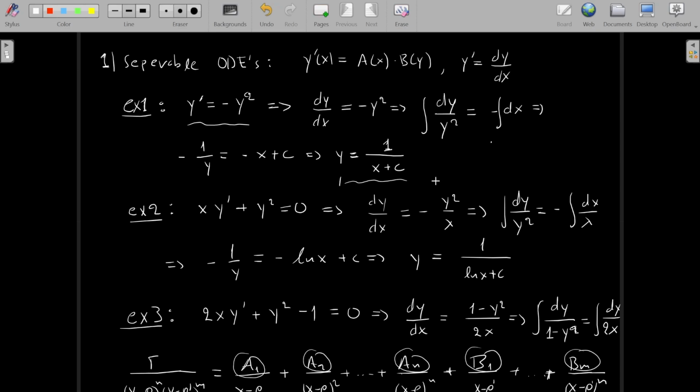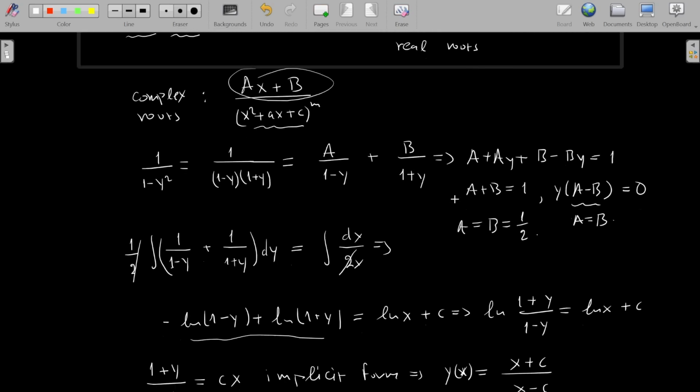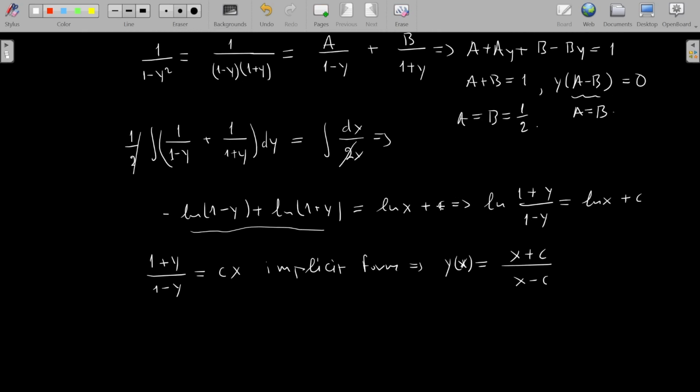You could be solving a second order differential equation, and after solving and solving, you will get down to maybe a separable ODE. So it's very important to build from zero, so we will be able to tackle more different differential equations.